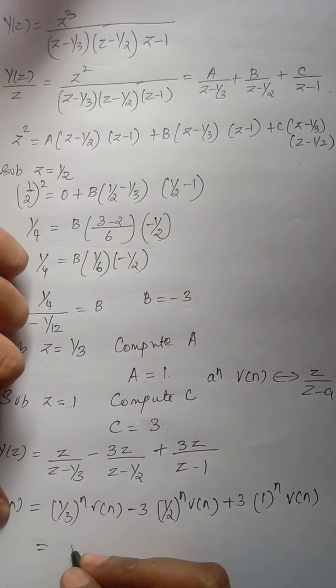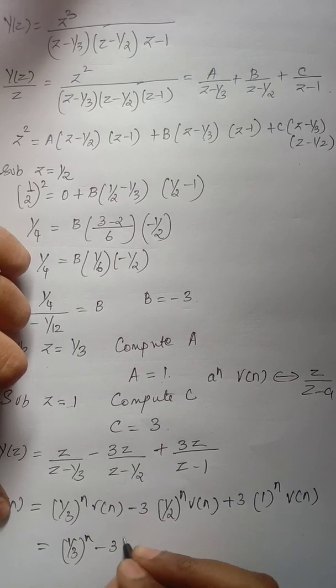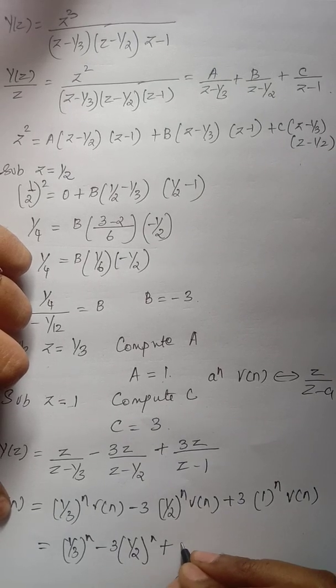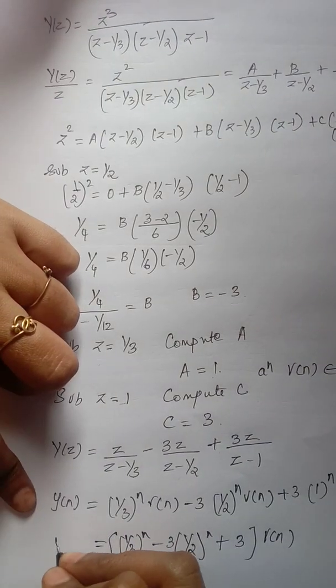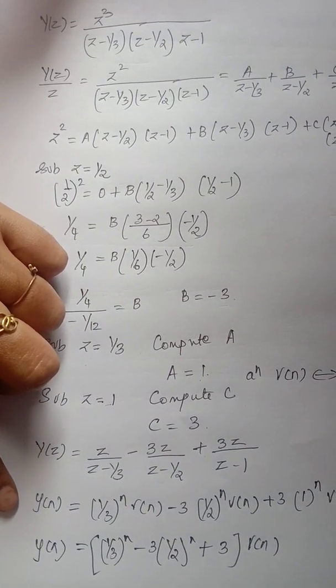So y of n is 1 by 3 the whole power n minus 3 into 1 by 2 the whole power n plus 3, into u of n. This is the output when the input is the step.